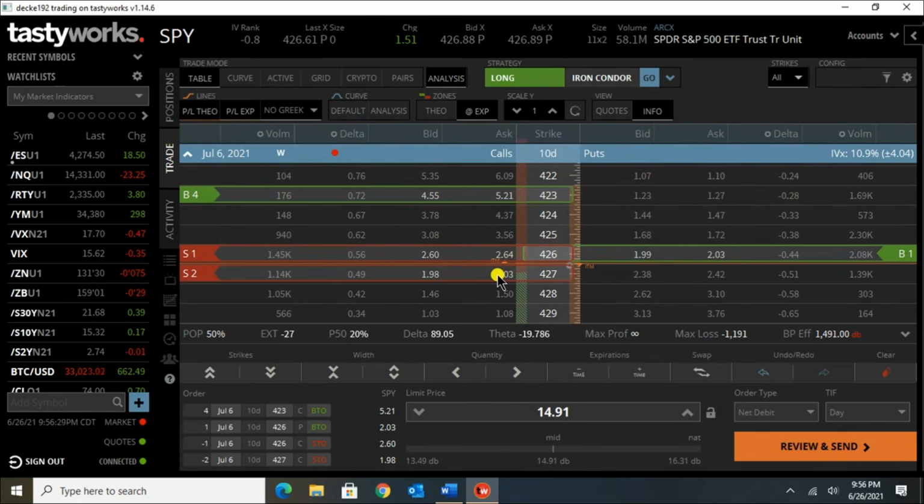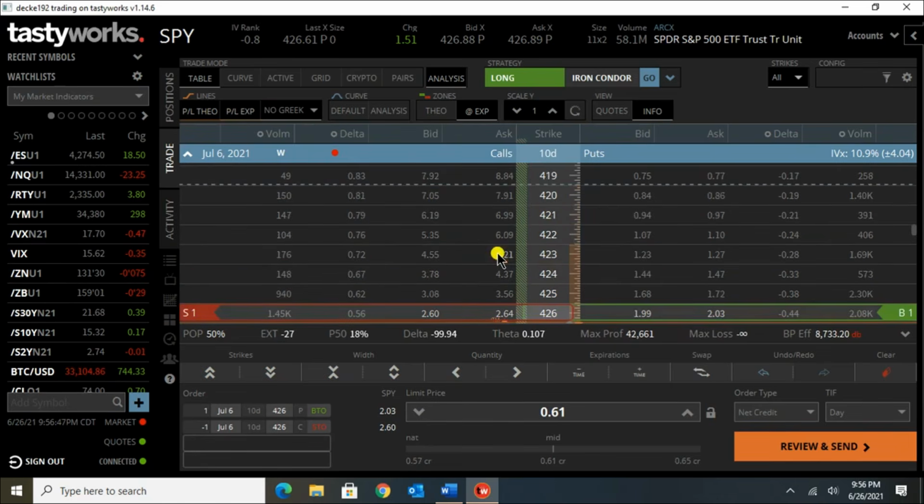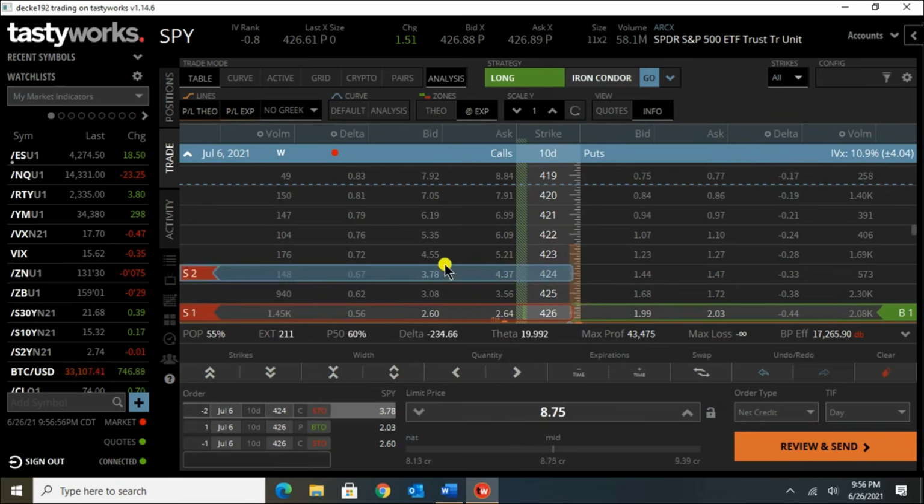The other alternative you could do is, let's say on Thursday or Friday, the market moves down to 424. What you could do is buy back this back spread. So I would delete both of these, and I would recenter a new zebra position with your short at the money. So if it goes down to 424, I would do 2 of that.